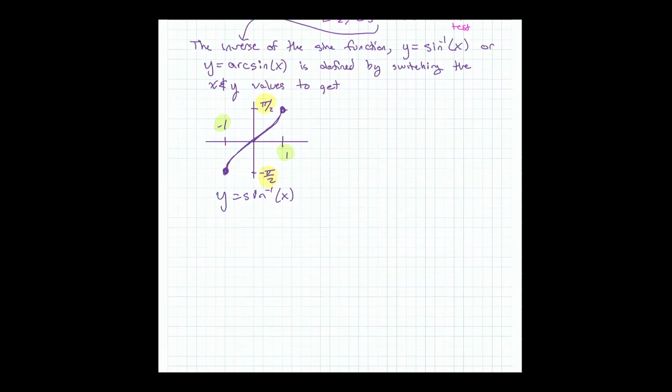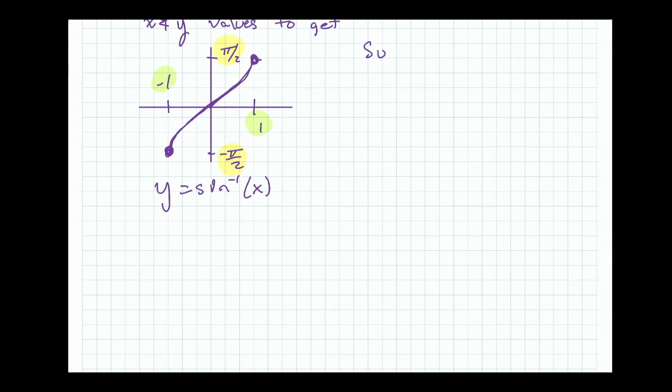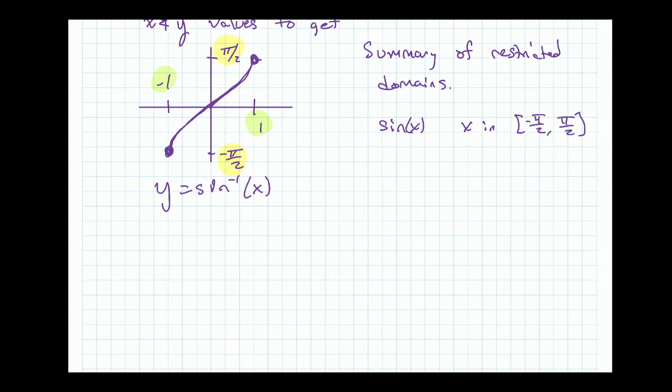So the summary of how to restrict the domains is as follows. Right? So sine x, which we just talked about, has to be x in negative pi over 2 to positive pi over 2. Cosine x, actually you need a different section of the graph to make it work out.